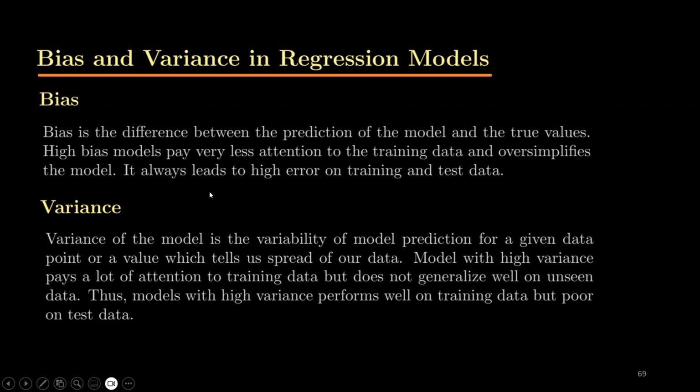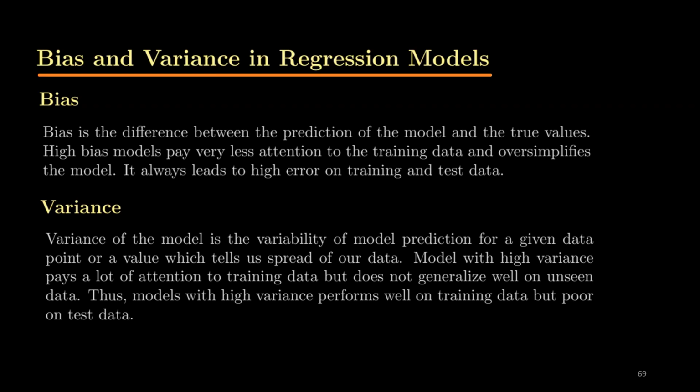So what happens is, if a model has high bias, it does not pay attention to the training data. That is, it does not try to learn all the patterns present in the training data and hence oversimplifies the model. We can understand the concept of oversimplification with the help of polynomial regression.